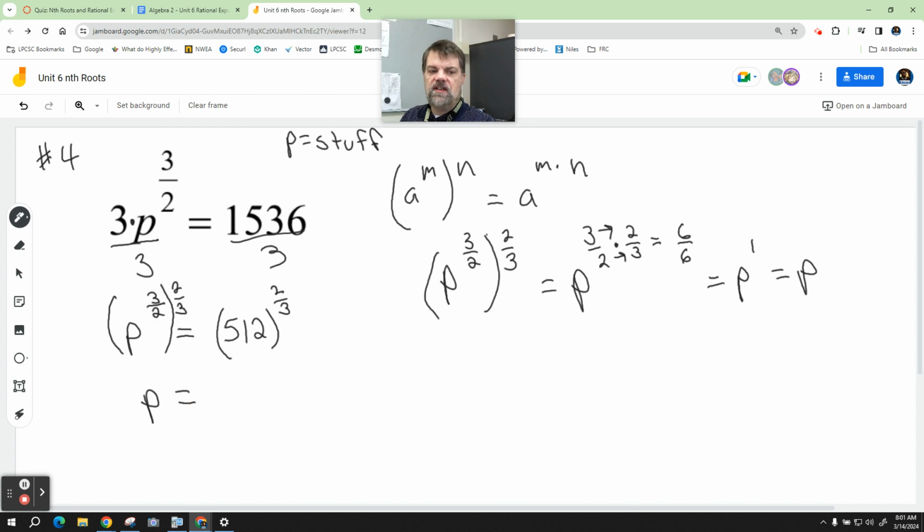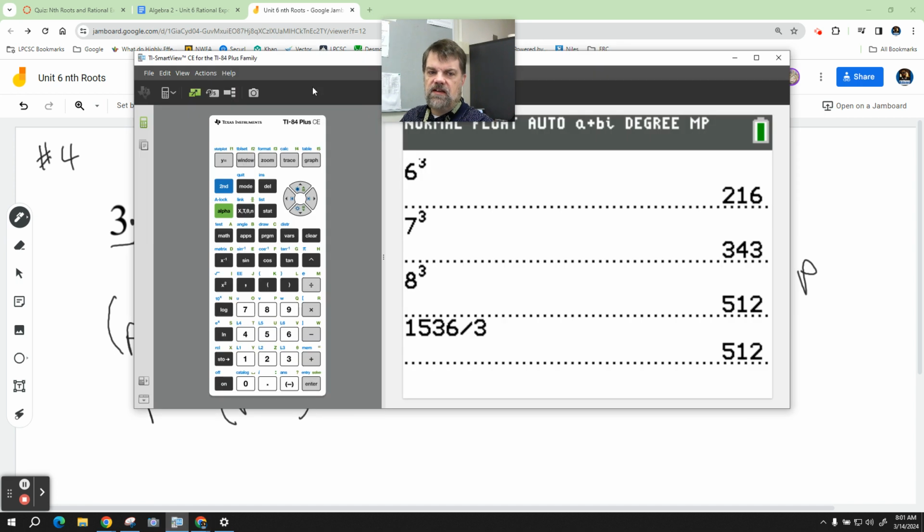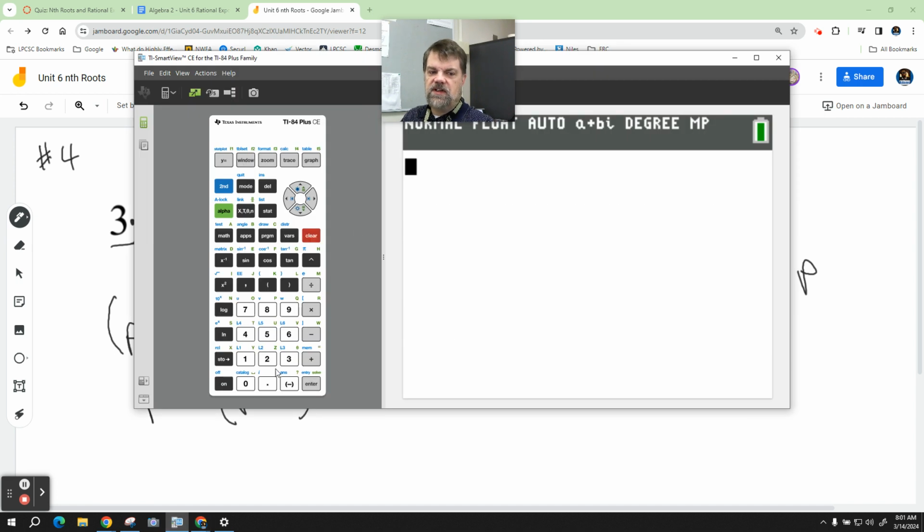And then remember that this is the power over the root. So the power, well, the root is 3. So we're going to take the third root of 512 and then raise that to the second power. Okay? All right, so then I need to think of a number raised to the third power that's 512. Well, on my calculator, and it's already there, but we're going to pretend that we don't know what it is.